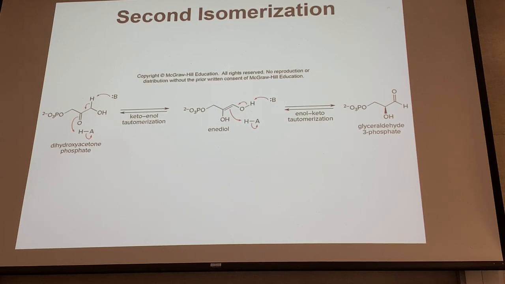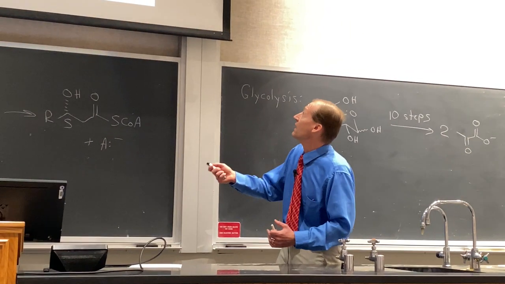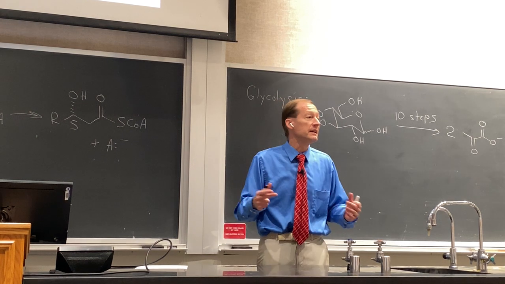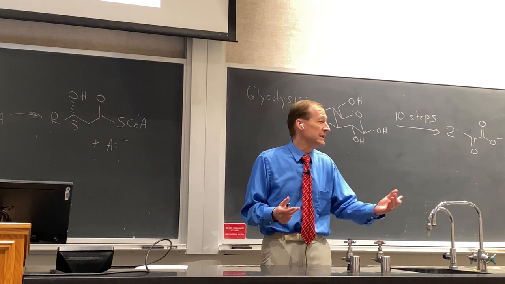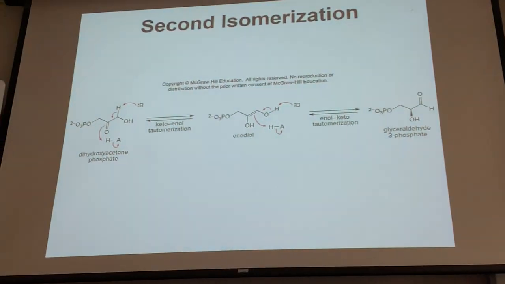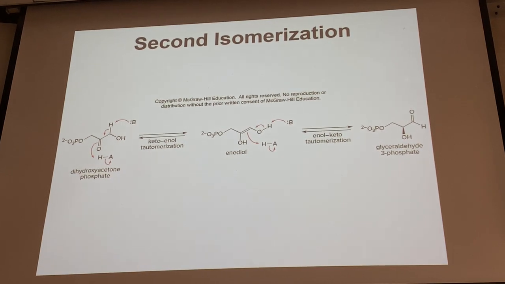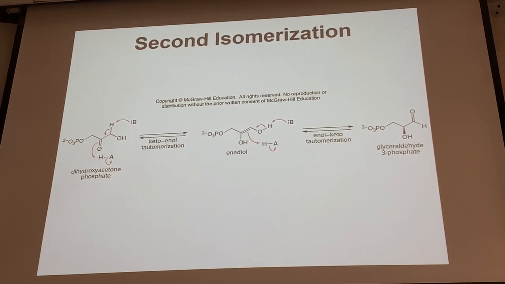One would be the active site of the enzyme is lowering the activation energy for the desired pathway to get the aldehyde. The second one would be Le Chatelier's principle, because dihydroxyacetone is not consumed by the second part of the glycolysis pathway, whereas glyceraldehyde 3-phosphate is. So the glyceraldehyde 3-phosphate gets consumed, and then according to Le Chatelier's principle, more of it would form.